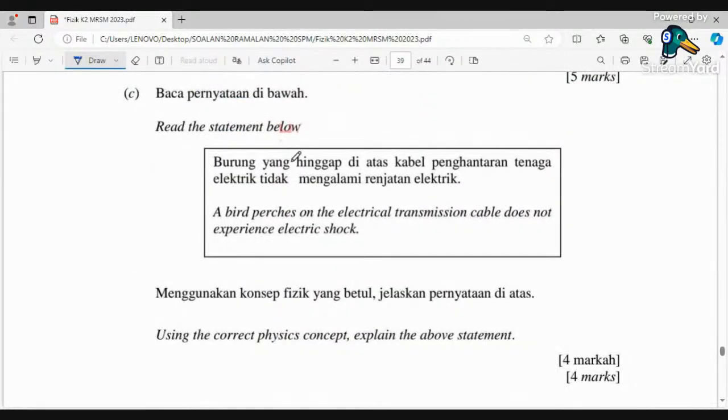Okay, question C. A bird perched on the electrical transmission cable does not experience electric shock. Why no shock? If we hold it, we would get an electric shock. But why does the bird not get an electric shock?